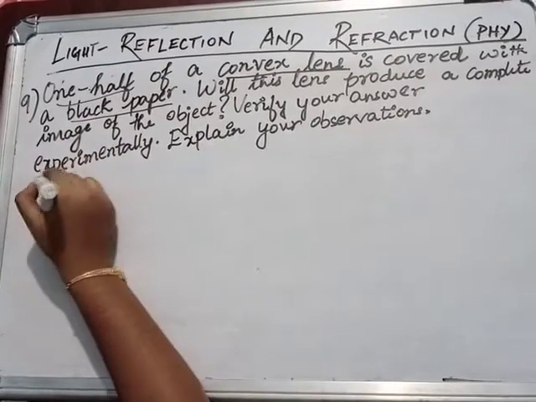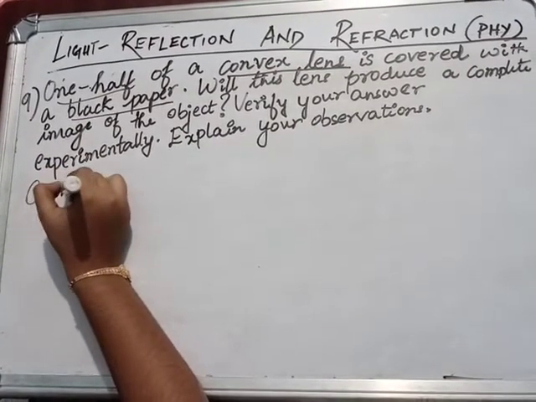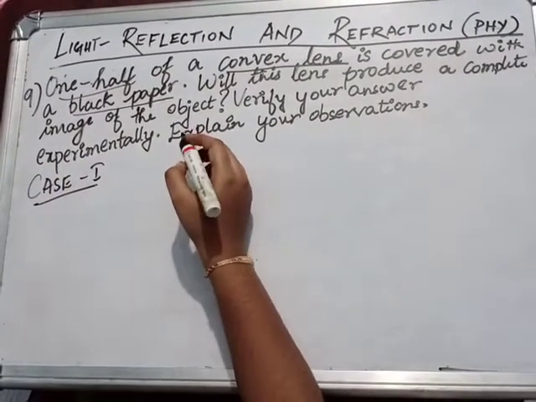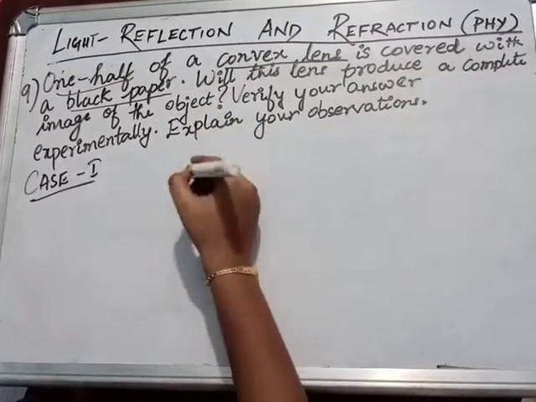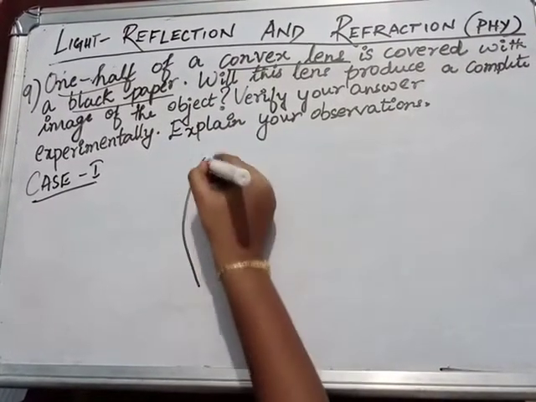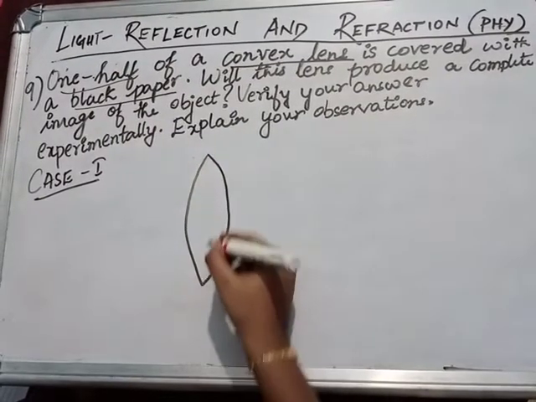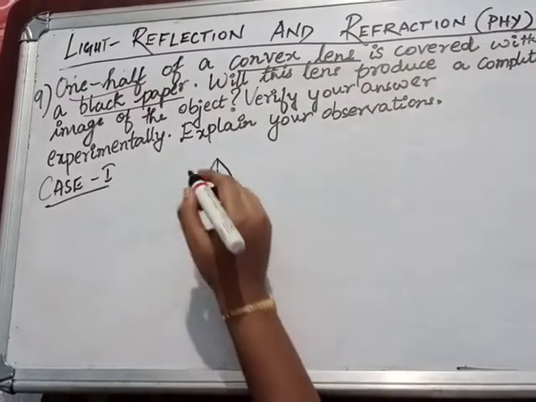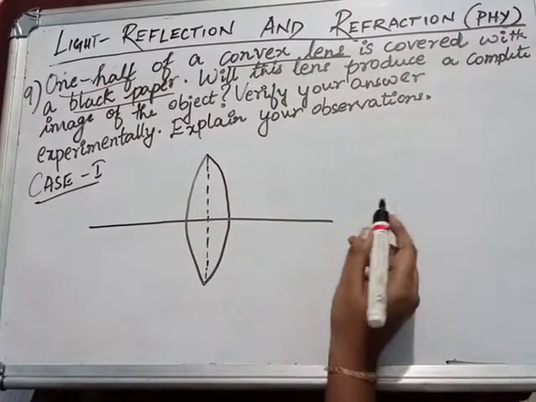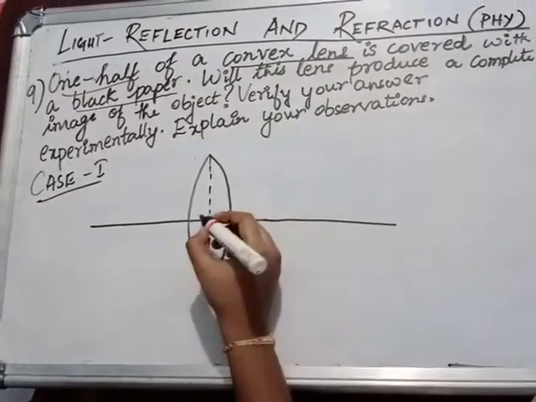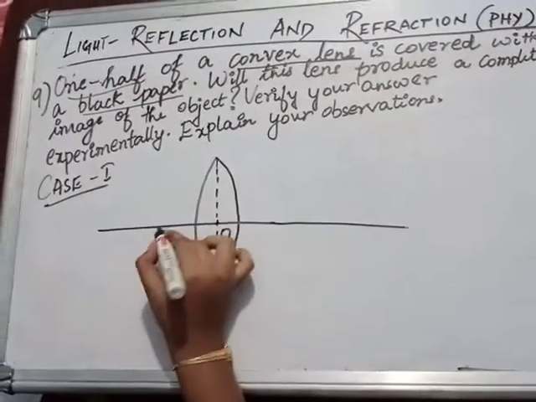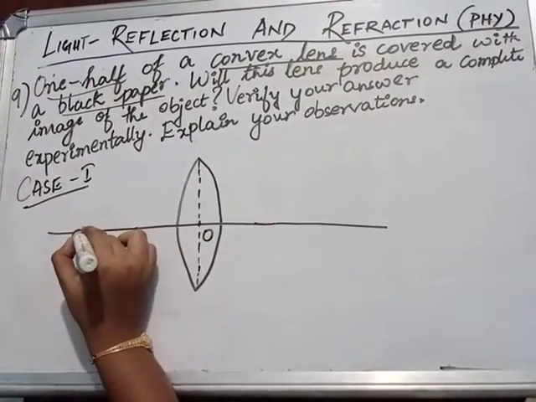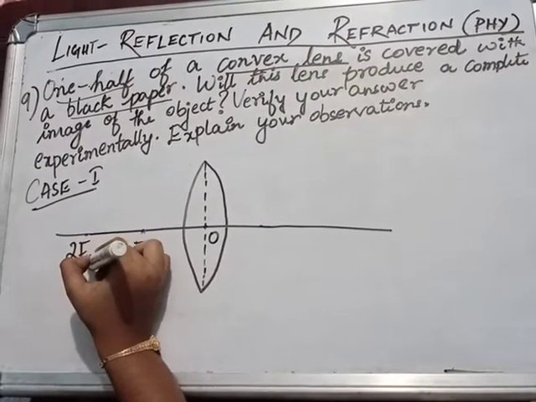Okay. So case 1. In this case 1, we will be covering the upper part of the lens. This is the convex lens. Then this is the optical center, F1 to F1.